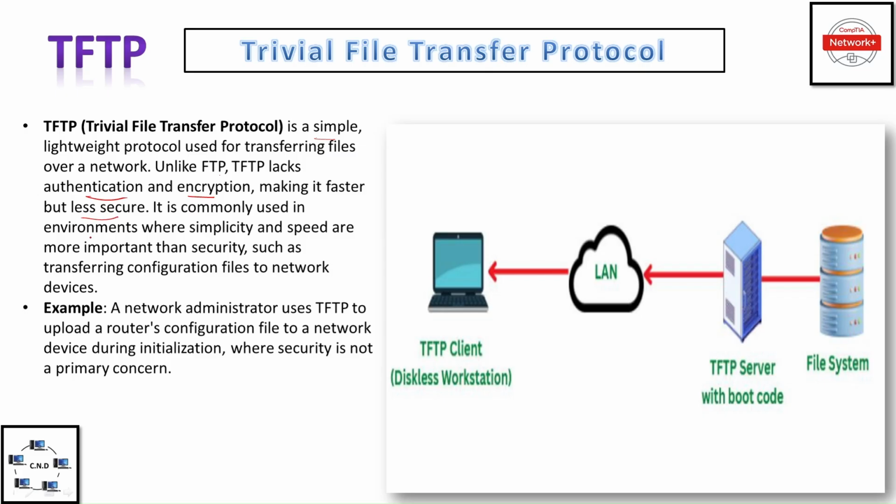It is commonly used in environments where simplicity and speed are more important than security, such as transferring configuration files to network devices. For example, a network administrator uses TFTP to upload a router's configuration file to a network device during initialization, where security is not a primary concern.